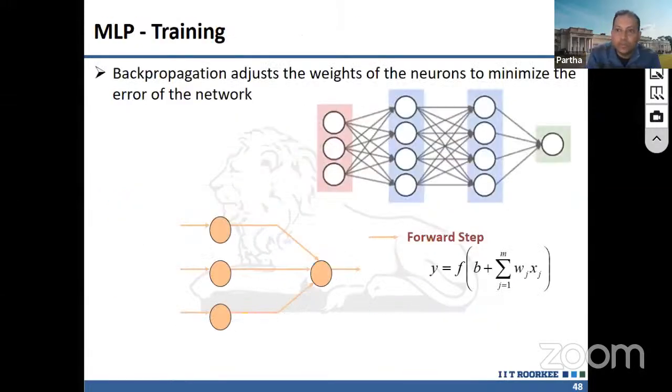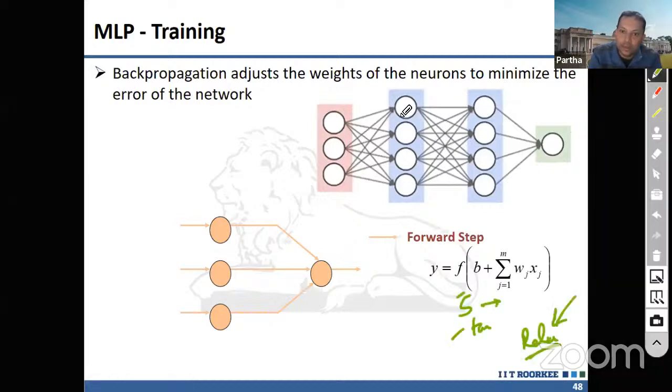If we need to modify all these weights, because you see in this feed forward step, whatever weight is there is multiplied with the data here, and then it comes here as output, and this outcome is multiplied with this weight. So these weights are not the same, weights are different. So I cannot just change these weights in the same fashion.